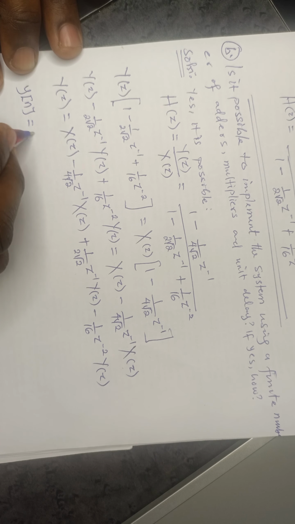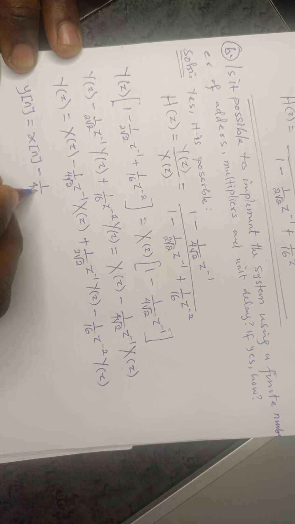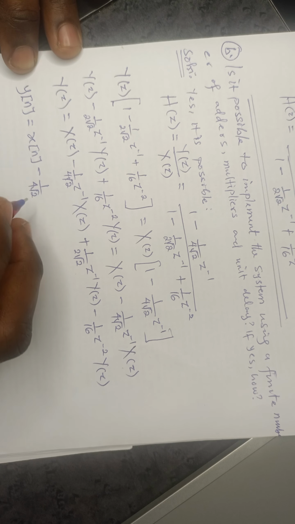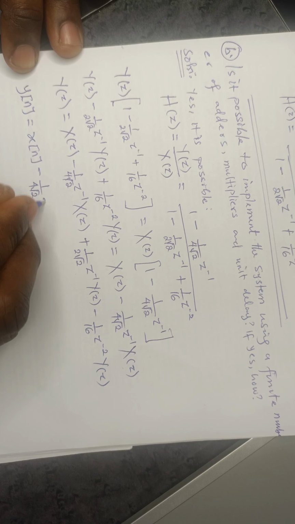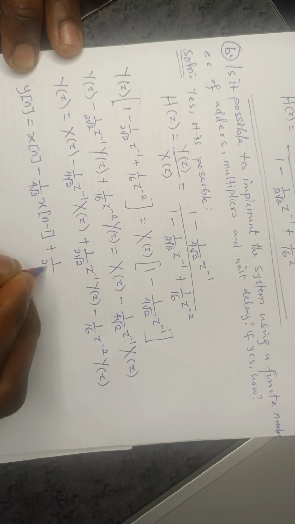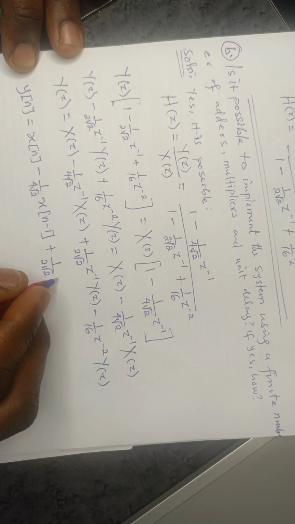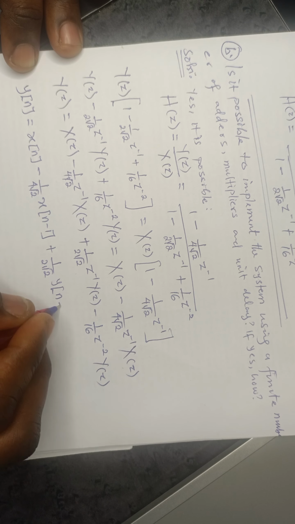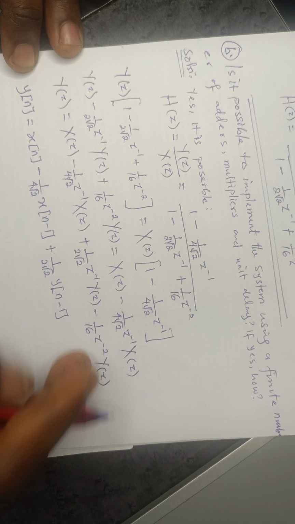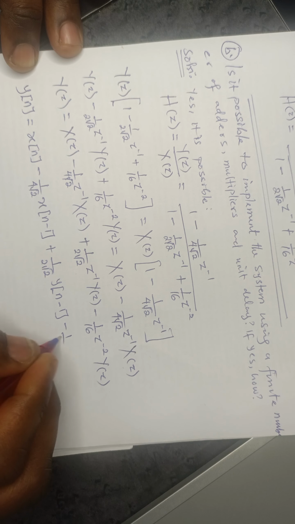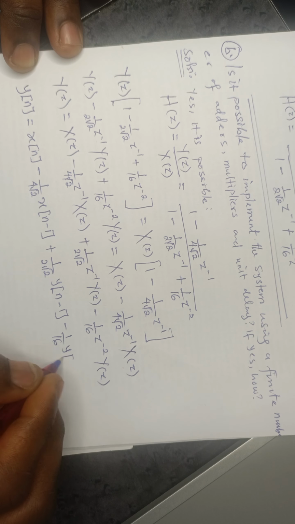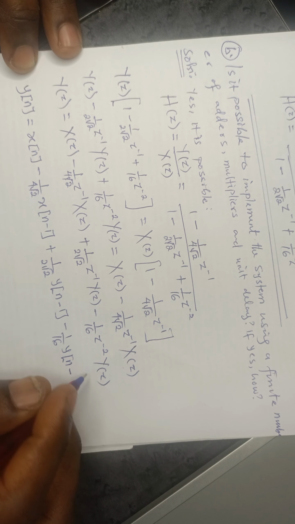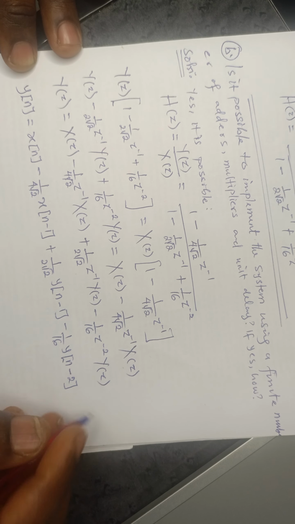It's going to be y of n equals x of n minus 1 all over 4 root 2 x of n minus 1 plus 1 all over 2 root 2 y of n minus 1, and this is going to be minus 1 all over 16 y of n minus 2, right?